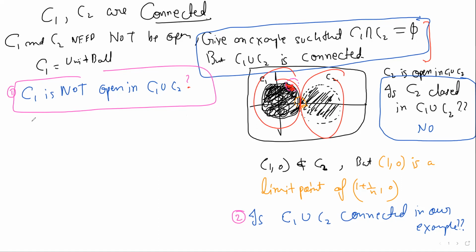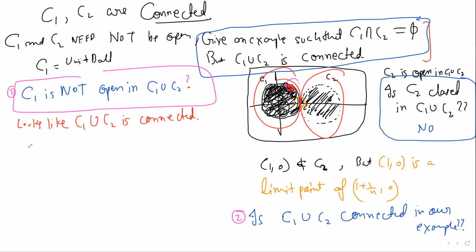So I'll go ahead and say this: it looks like C1 union C2 is connected. But we have not proved it. We have just checked one canonical way to break C1 union C2, and it does not work. But is there any other way to break C1 union C2?